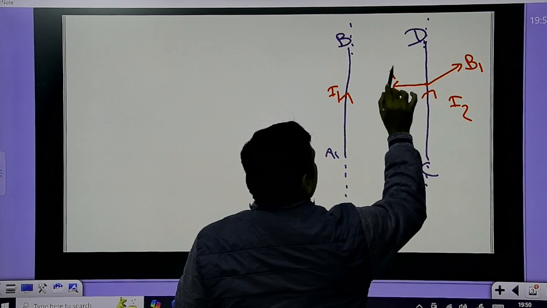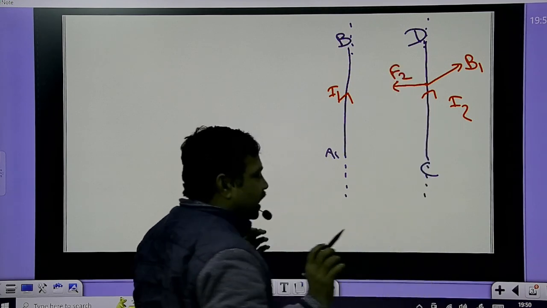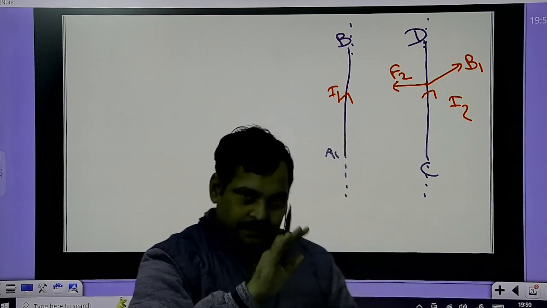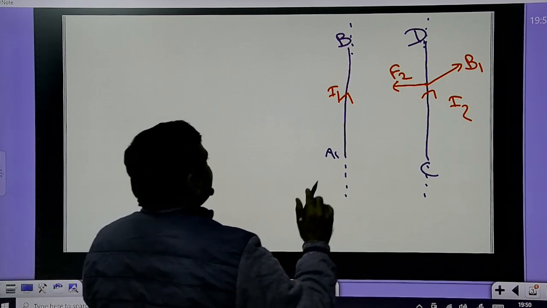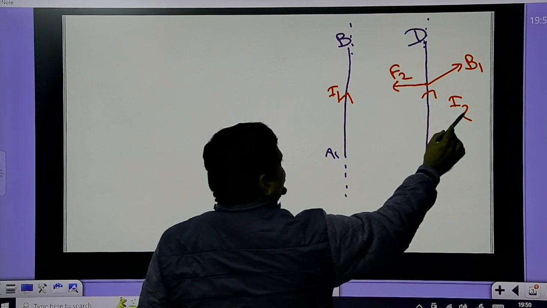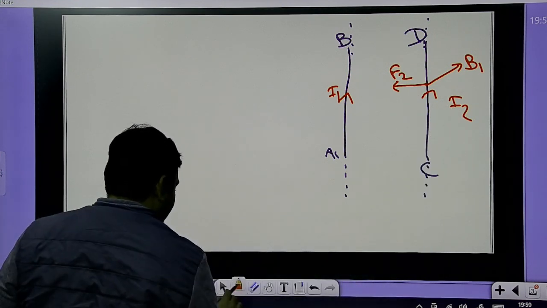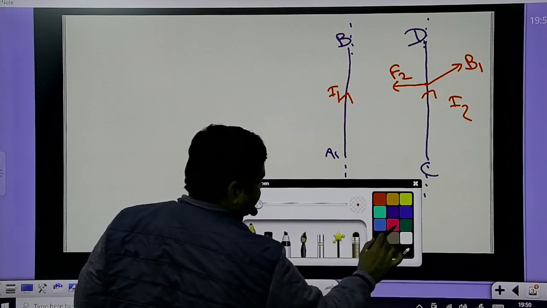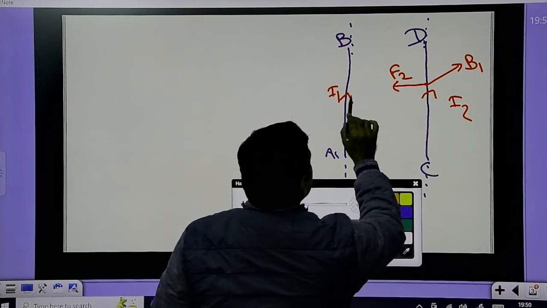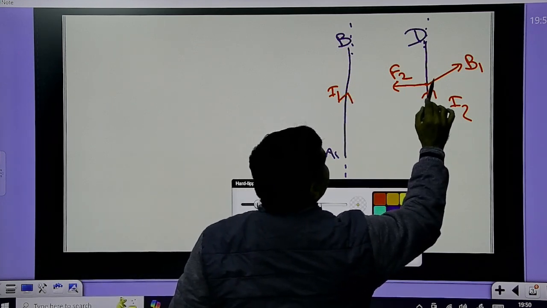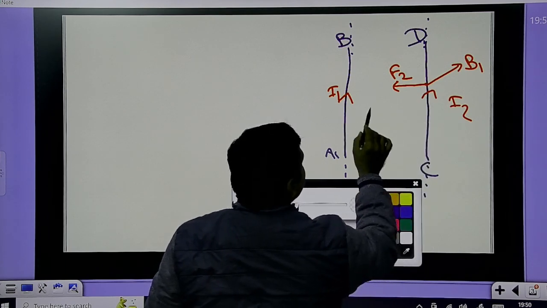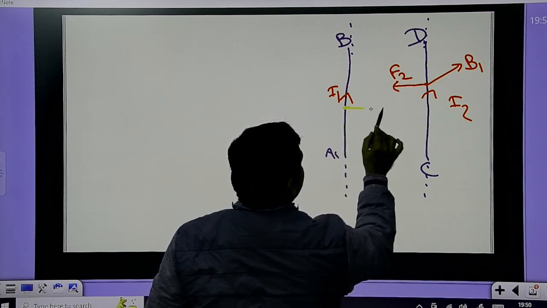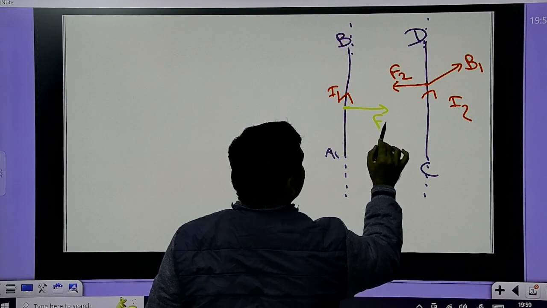So this will be the force acting on the current carrying conductor CD. Similarly, if we consider the magnetic field produced by the conductor CD, the force in this case will be in this direction. Suppose this force is F1.